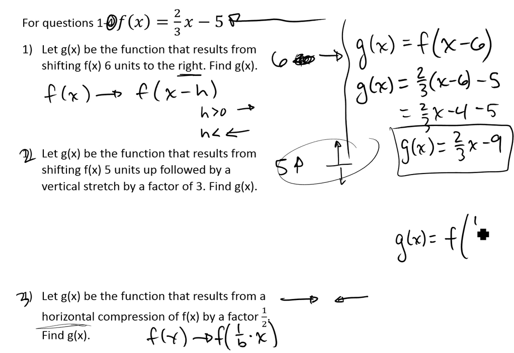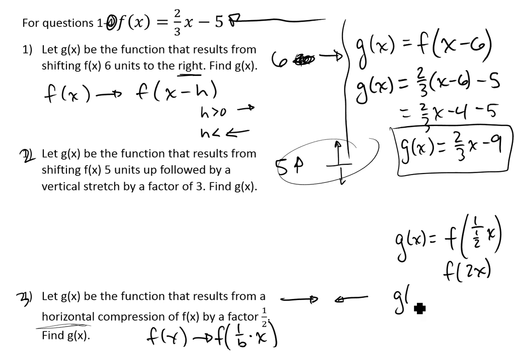I'll simplify this. 1 over b, the value they gave me for b, the factor is 1/2, so it's going to be 1 over 1/2 times x. So that's 1 over b x. Well, let's simplify that. 1 over 1/2 is 2, so g of x is going to look like f of x, except instead of passing in x's, we're just going to pass in 2x to it.